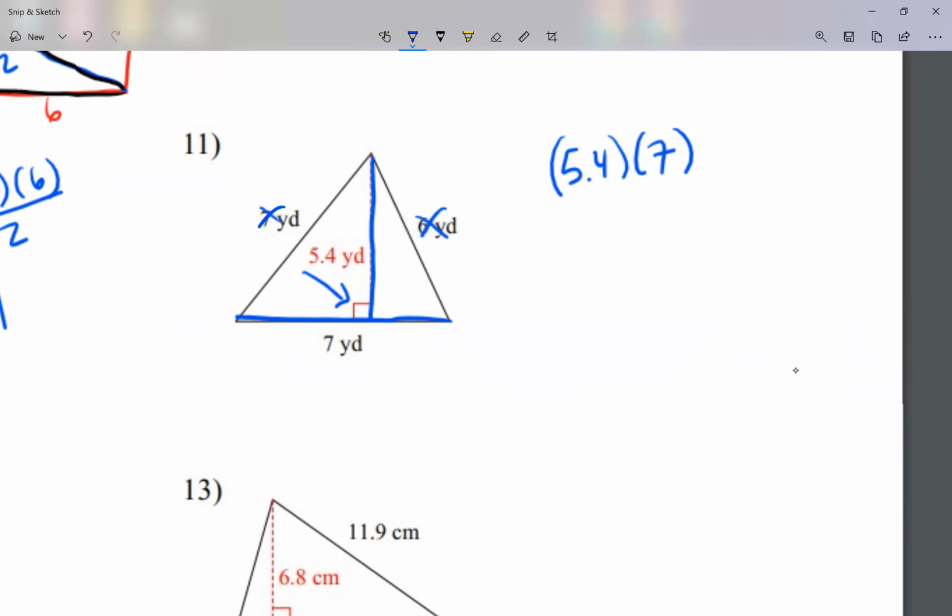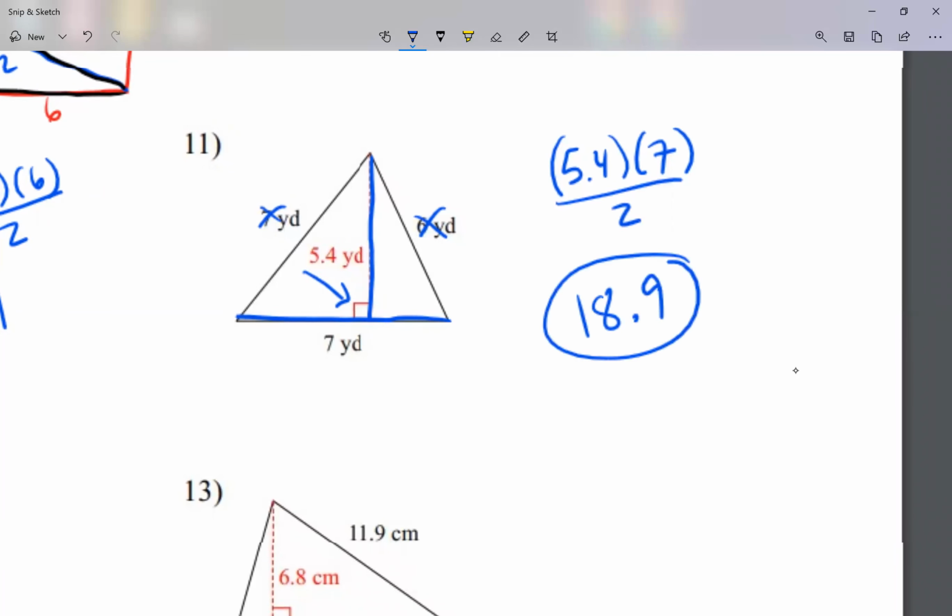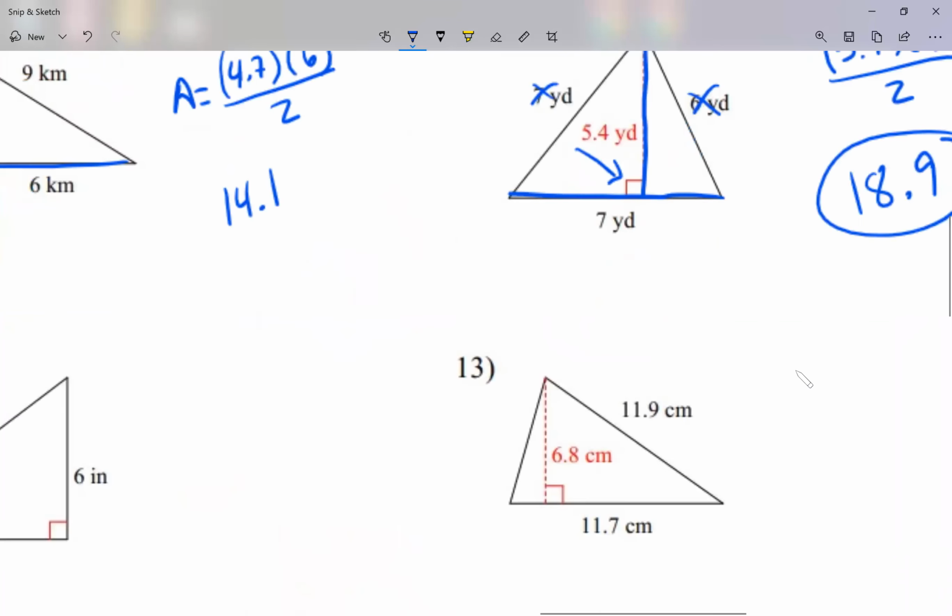Notice this 6 and this 7 I did not use, only the two numbers that meet at the 90-degree corner. But because it's a triangle, let me divide this by 2. So 5.4 times 7 divided by 2 gives me 18.9. My instructions were not asking me to round, so just 18.9.